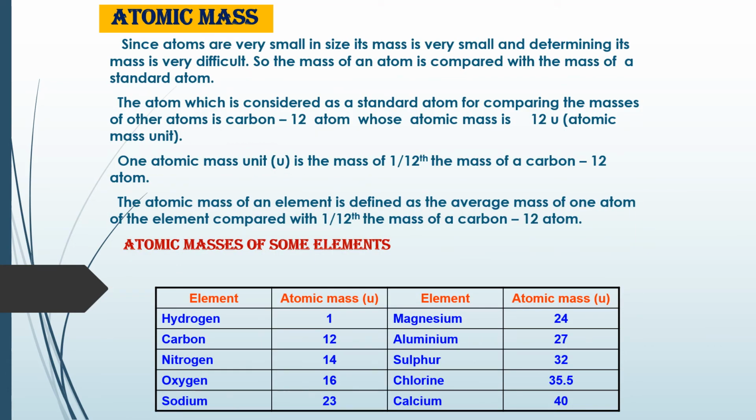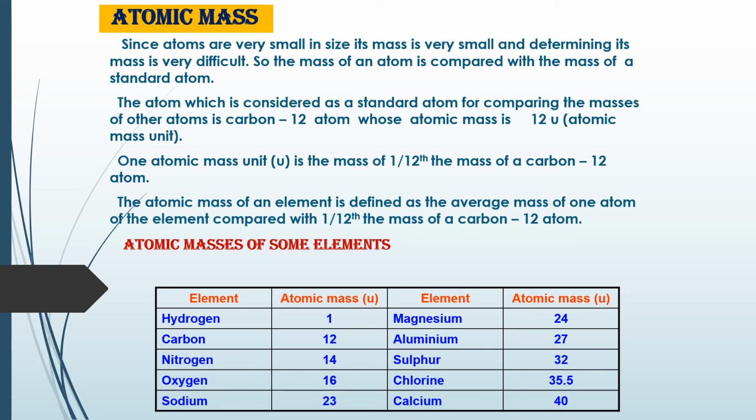Now let us go into the concept of atomic mass. Since atoms are very small in size and the mass is very small, determining the mass is very difficult. So the mass of the atom is compared with the mass of a standard atom. The atom which we consider as the standard atom for comparing the masses is carbon.